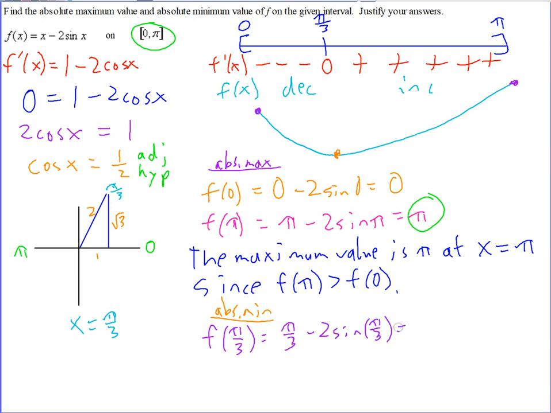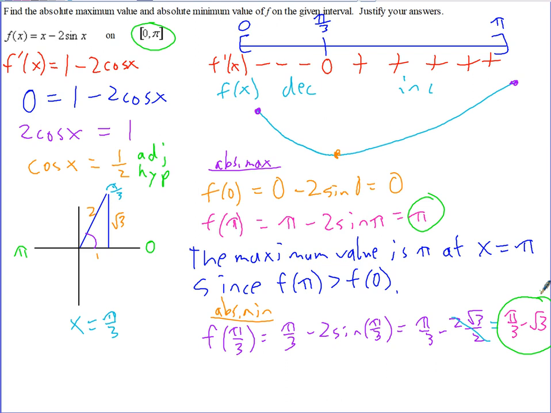We already have pi over 3 drawn here, so we can see that pi over 3 minus 2 times the sine of pi over 3, opposite over hypotenuse, root 3 over 2. And then you can see the 2s reduce out. So we just end up getting pi over 3 minus root 3. That's our minimum value. There's no other place it could be, based on our number line there.